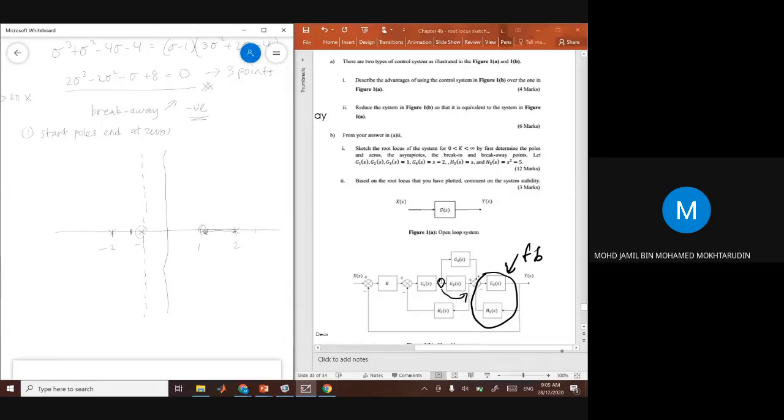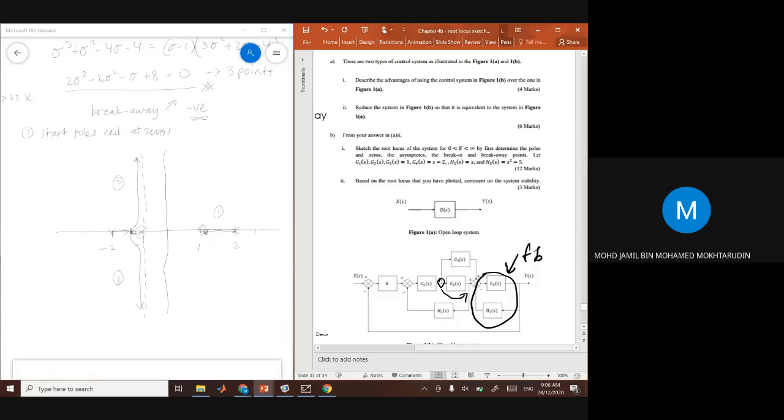So these two poles here will go to the breakaway point here. And then it will break away and then will go out and go to infinity. But it will never intersect the asymptote. Okay, so there are 3 branches here. So 1 branch here, the 2 is here.